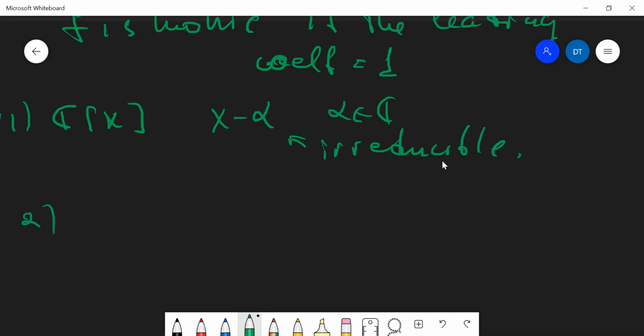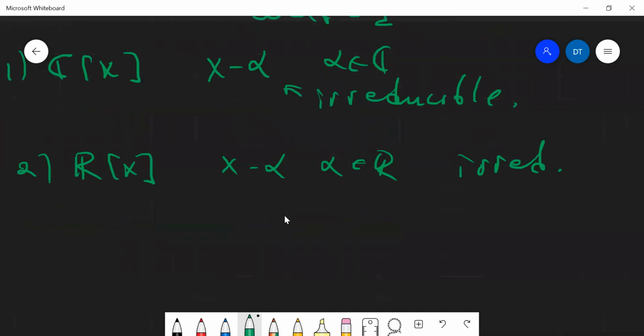In case of real numbers, of course, all the linear polynomials are irreducible. But also, some polynomials of degree 2 are irreducible.